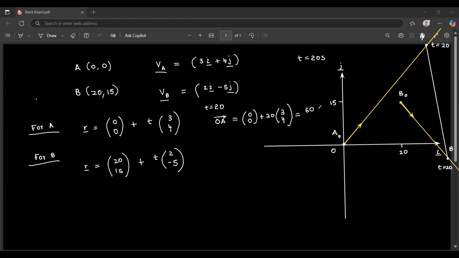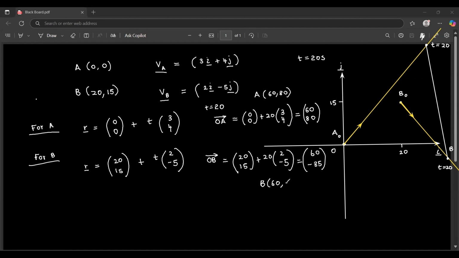Similarly, OB will be (20, 15) plus 20 times (2, -5), and that will be equal to (60, -85). So now we know the position vectors of A and B at t equal to 20. Point A is (60, 80), and point B is (60, -85).